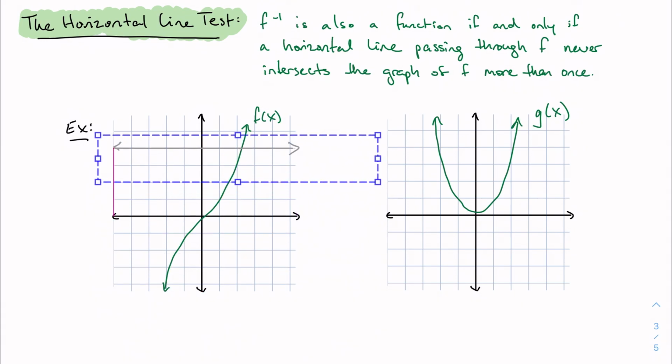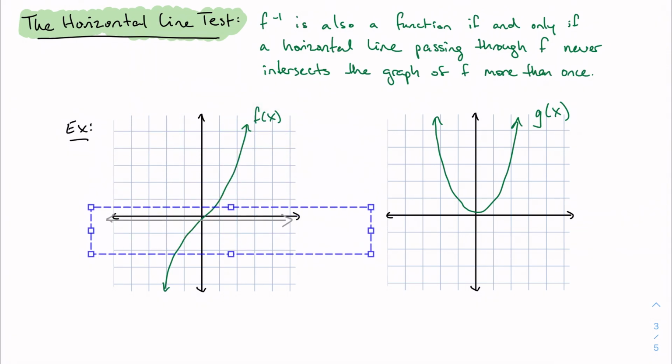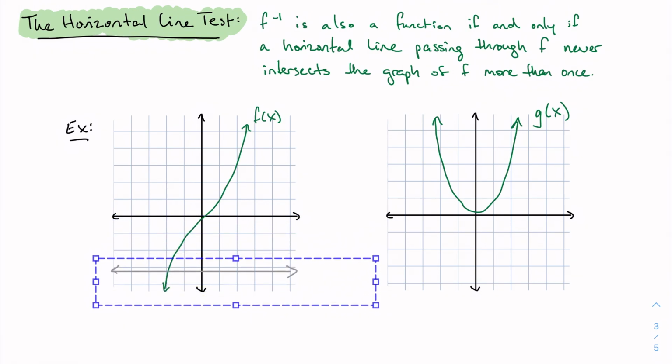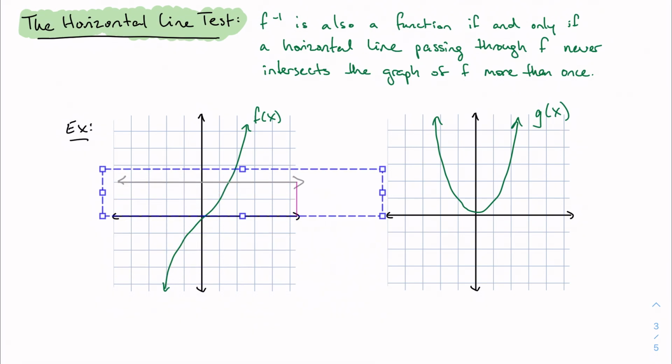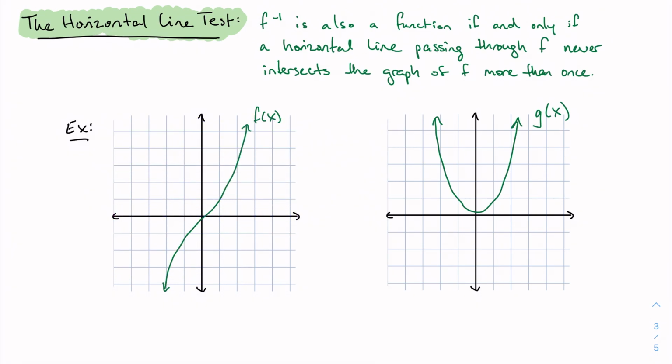If I take this horizontal line here and pass it through my function, however bumpy, it never intersects the graph in more than one place, right? Whatever I do, no matter where I draw this horizontal line, it only intersects the graph in one place. So this tells me that f inverse of this function will also be a function.